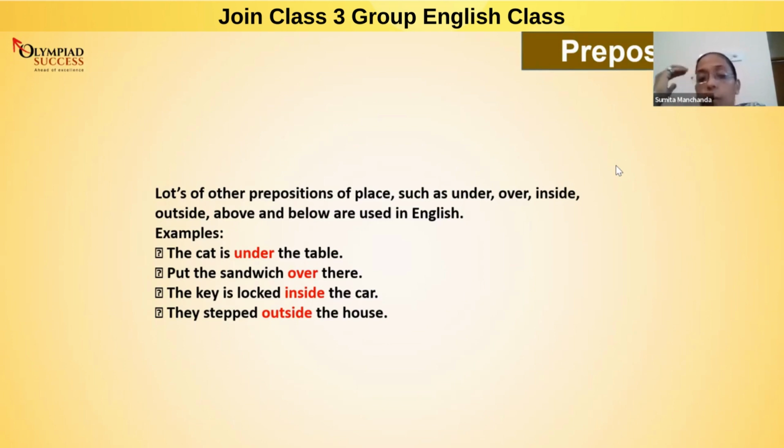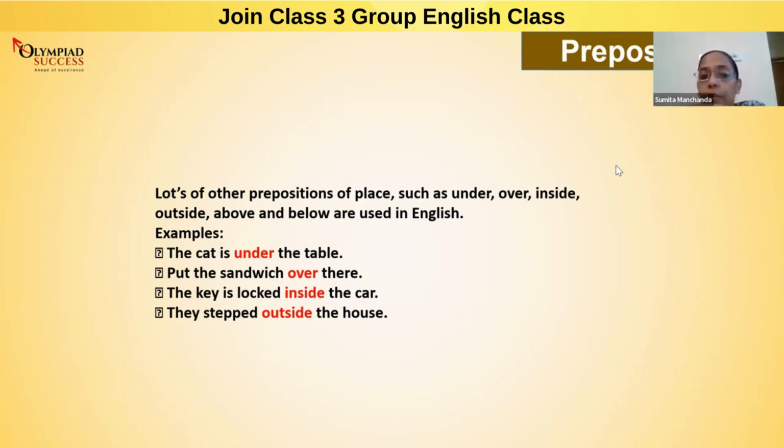If the question goes with when, then there is a preposition related to time. If you get an answer to the question where, like the cat is under the table, where? Under the table. So under is the preposition.